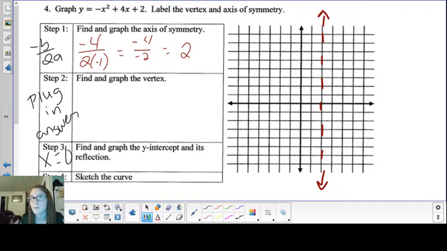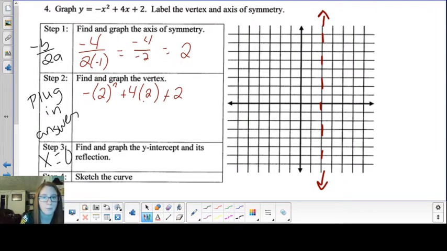Next, I'm going to go ahead and plug in that 2. So I have negative 2 squared plus 4 times 2 plus 2. Negative 2 squared is 4, but I have this negative outside here, so I have negative 4 plus 8 plus 2.